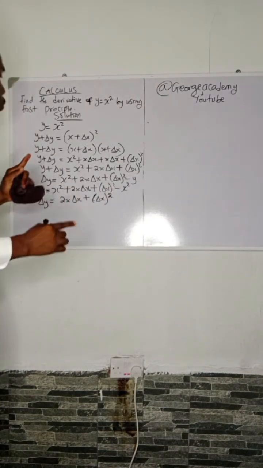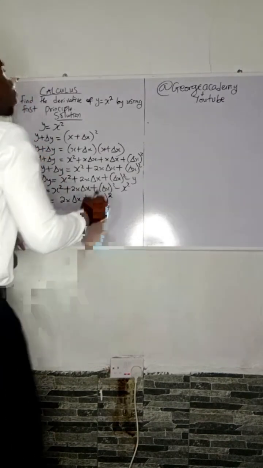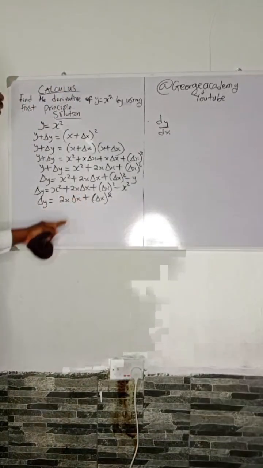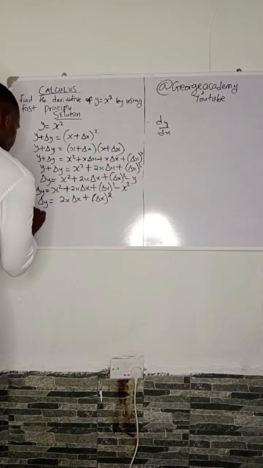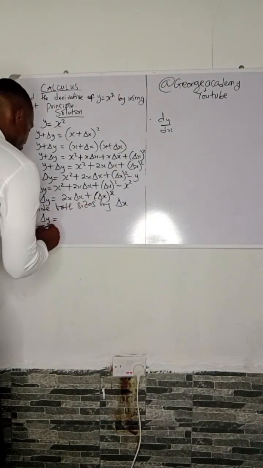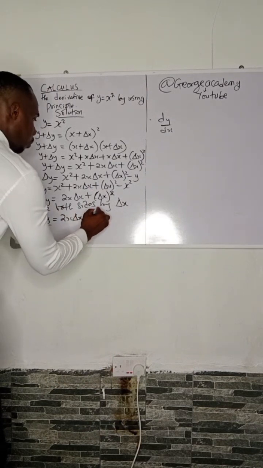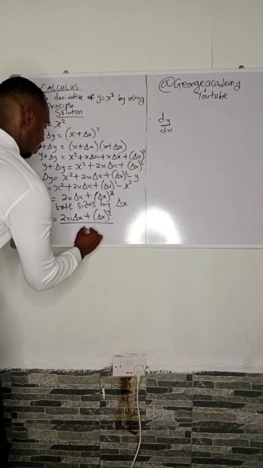So what else do you do? Please recall what I said. I said that what we are looking for is the derivative, which is dy over dx, not delta y over delta x. So we divide both sides by delta x. It gives us delta y over delta x equal to 2x delta x plus delta x squared all over delta x.